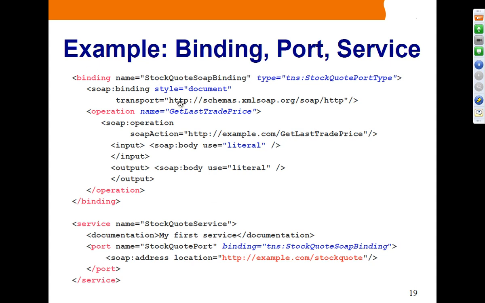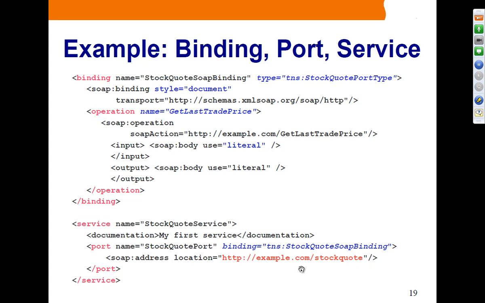Because this binding is using HTTP, the port element is providing an endpoint address for this stock quote SOAP binding, and the address is going to be in the form of HTTP. If the transport is SMTP, then the location of the SOAP address element is probably going to be an email address.